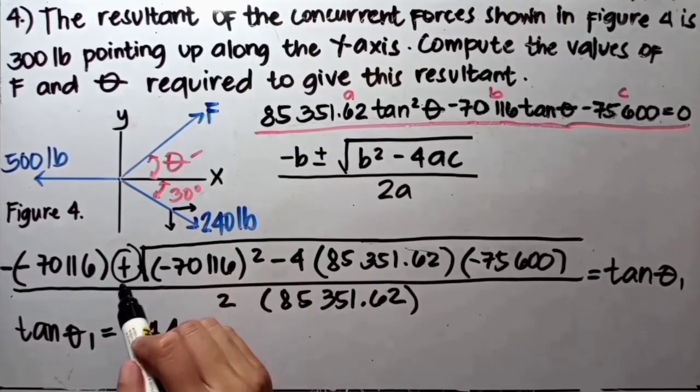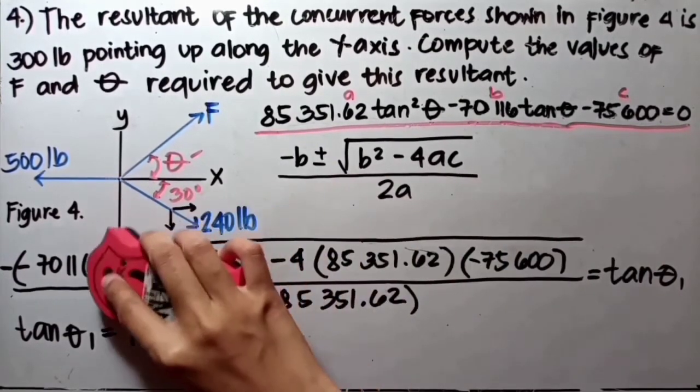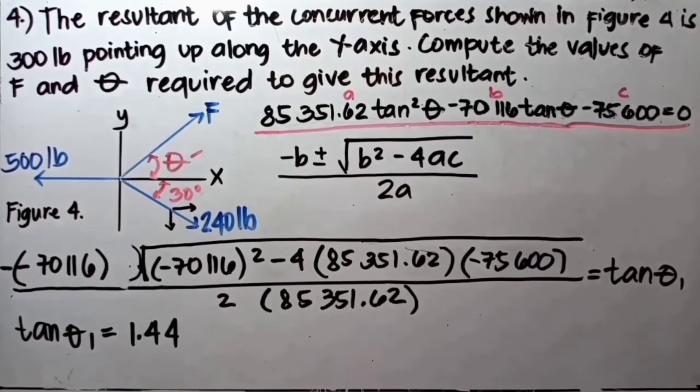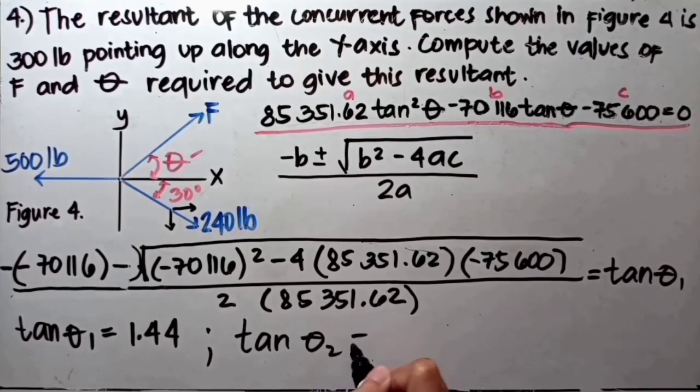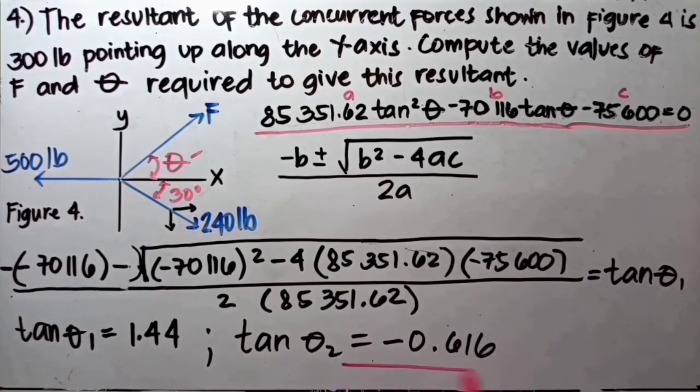And then, kung negative naman ang gagamitin natin dito, to replace the plus sign, magiging tan theta 2 is equals to negative 0.616. So, ito ngayon ang hinahanap nating tan theta.